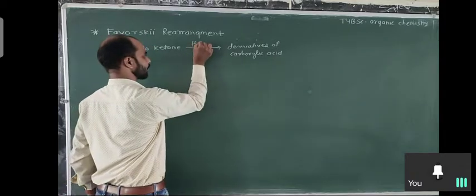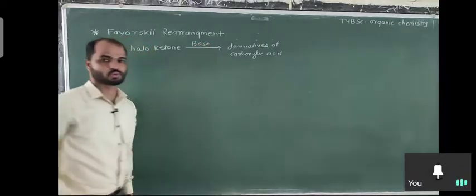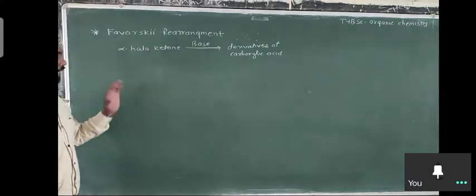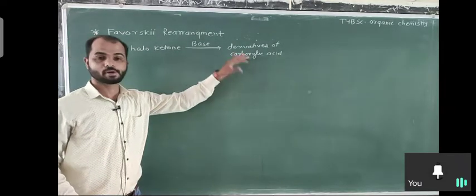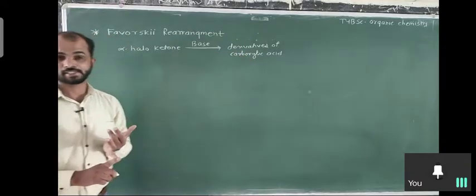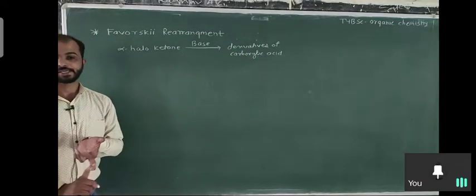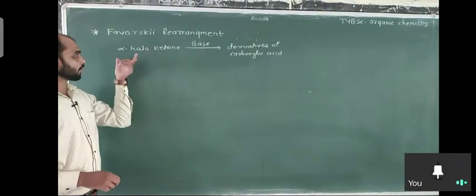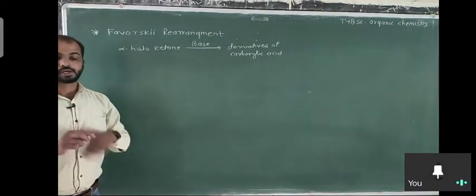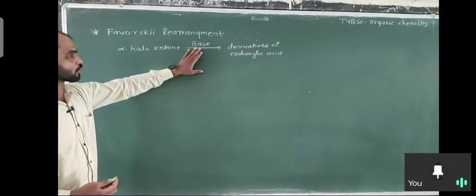Which kind of base is used will decide the product. Derivatives of carboxylic acid means carboxylic acid, esters or amides. They are formed when an alpha haloketone undergoes rearrangement in the presence of base.